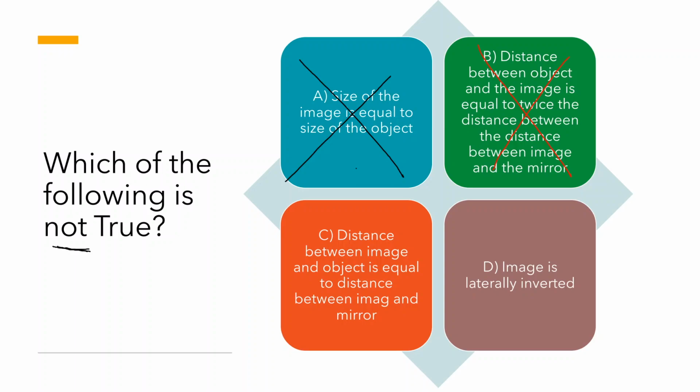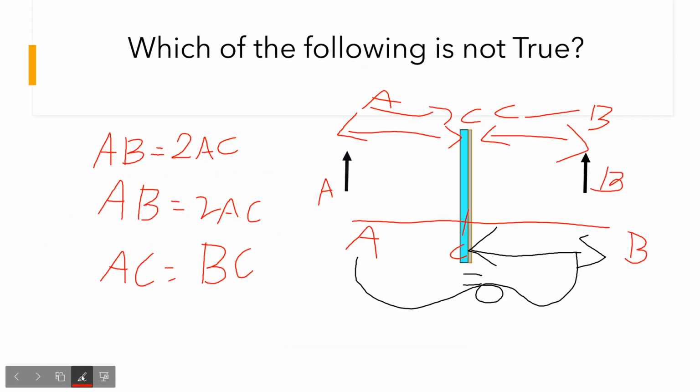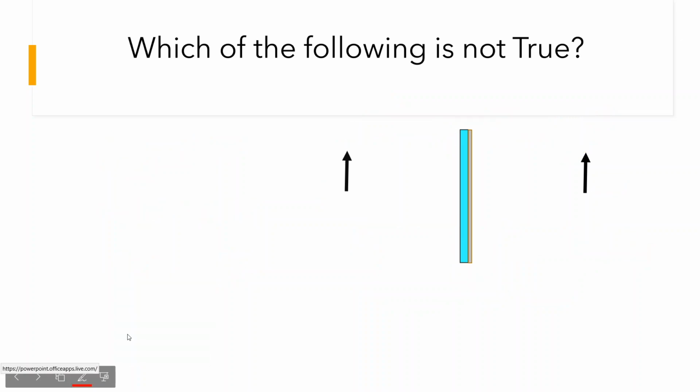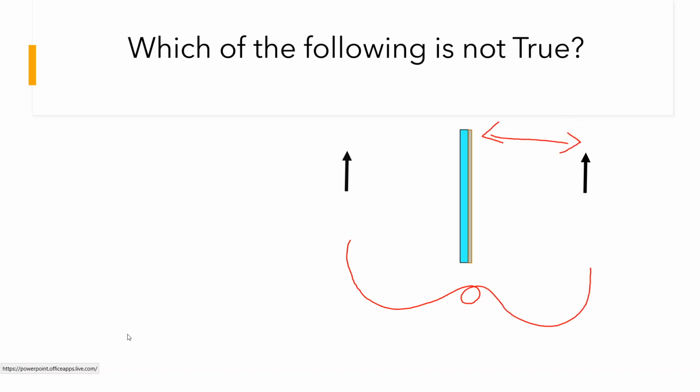Distance between image and object is equal to distance between image and mirror. We'll check that right now. They are telling this one should be equal to this one. Is that true? No, how can that be true? We just discussed that this is equal to 2 times this.